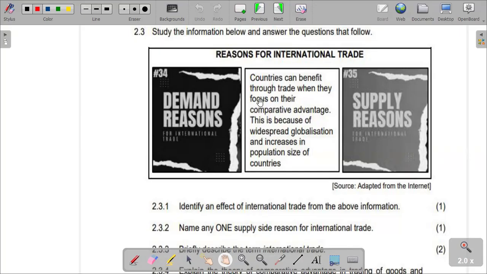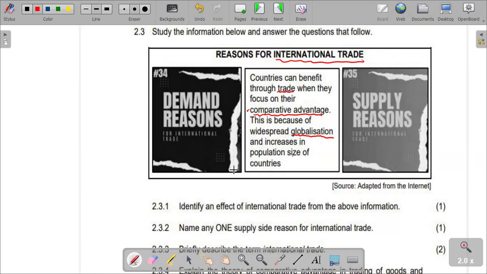So countries can benefit through trade when they focus on their comparative advantage. Again, comparative advantage, these are the words that you must take into consideration. Firstly, international trade, and then comparative advantage. This is because of widespread globalization, and increases in population size of countries.